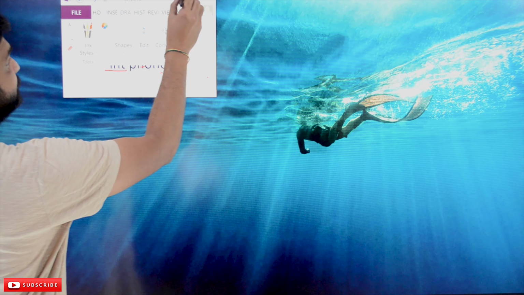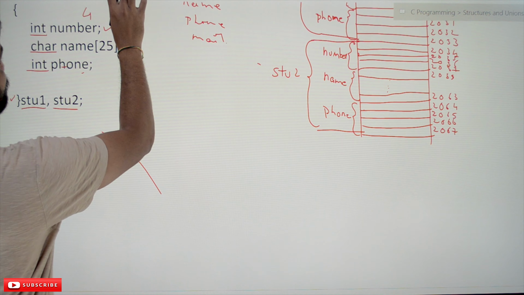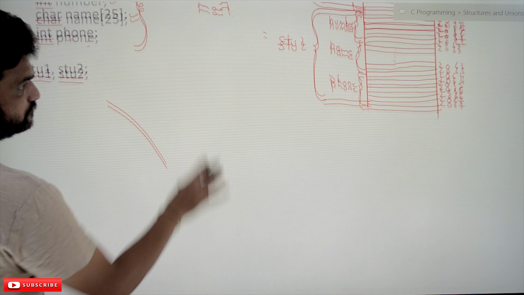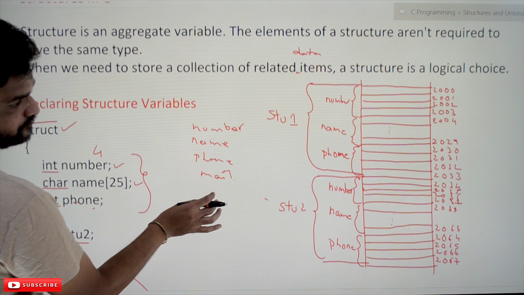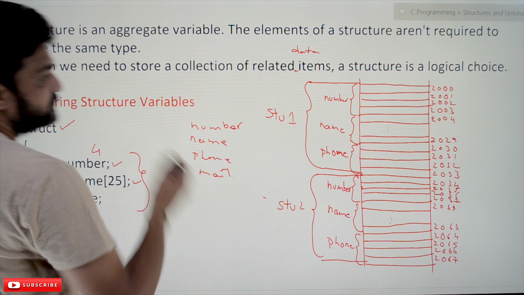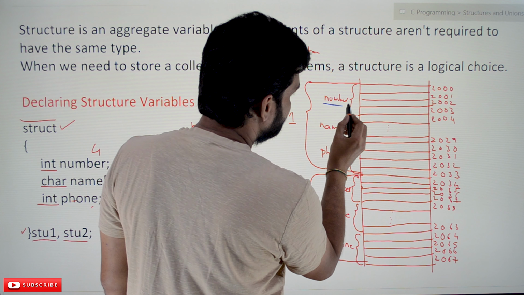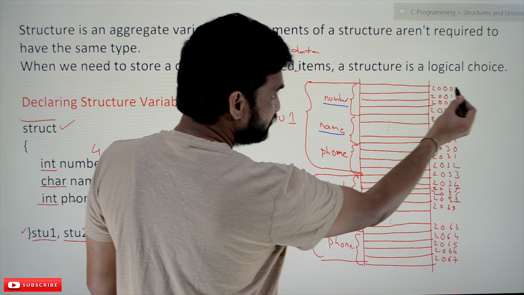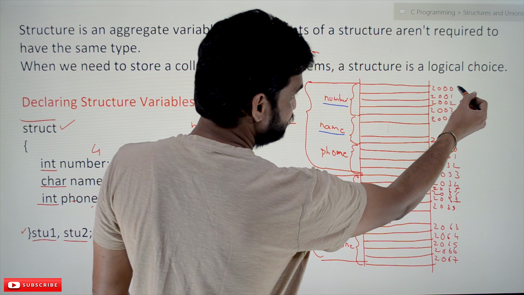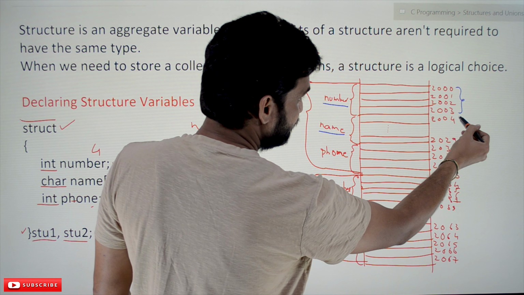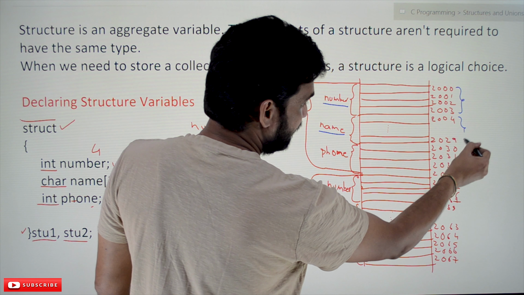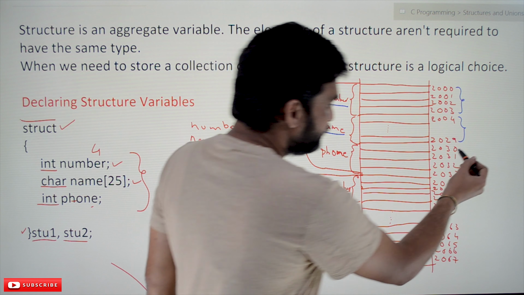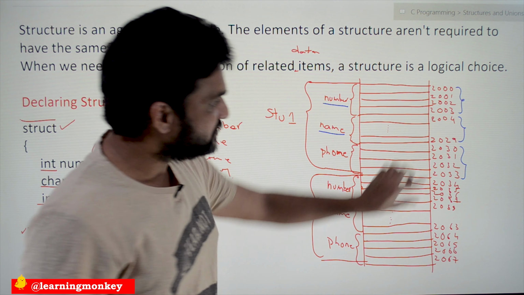So let's try to understand that. Here the first variable is number, and after that the second variable is name, then phone. For number, 4 bytes of memory: 2000, 2001, 2002, 2003. So these 4 bytes of memory have been created, and for name, 25 bytes starting from 2004 have been allocated, and these 4 bytes are for the phone number.